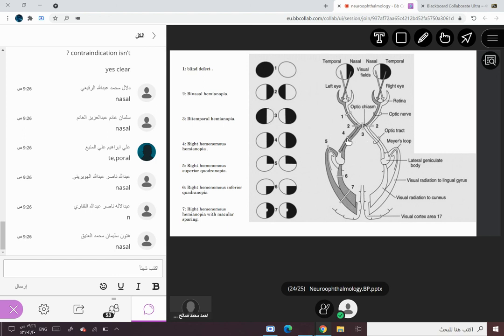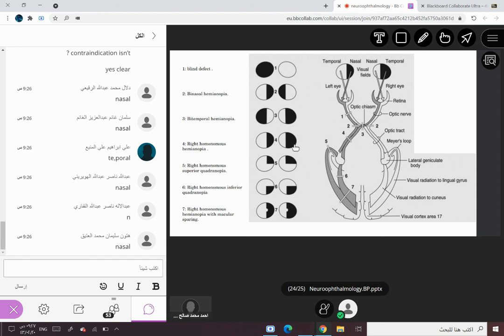In example number 4, with the disease located here on the left optic tract, what are the components of the left optic tract? Left temporal fibers and right nasal fibers. So what will happen in relation to the field defect?